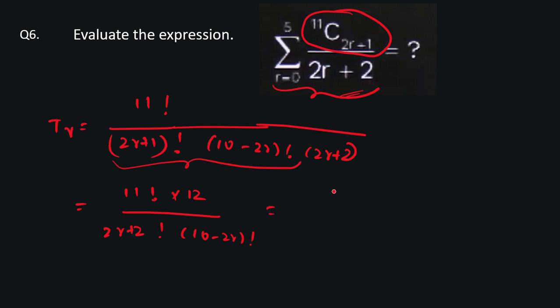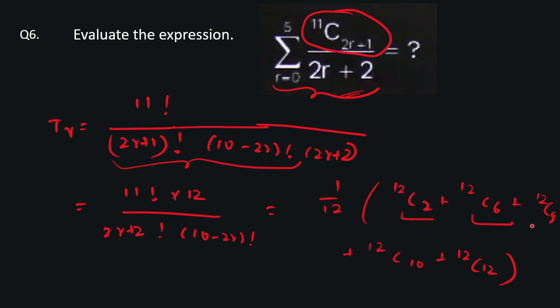This is equal to 1 by 12 into 12C2 plus 12C6 plus 12C8 plus 12C10 plus 12C12. This is in particular order: 12C2, 12C6, 12C8, 12C10, 12C12.